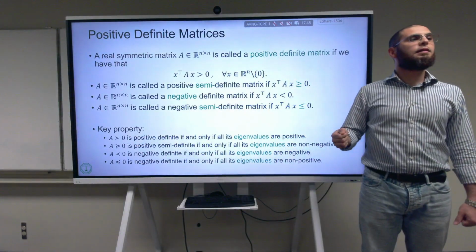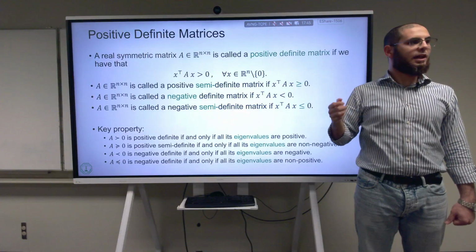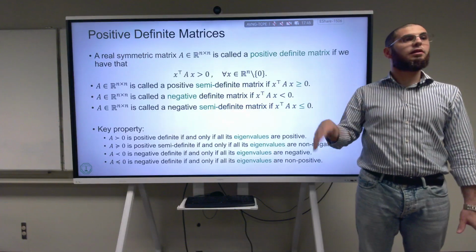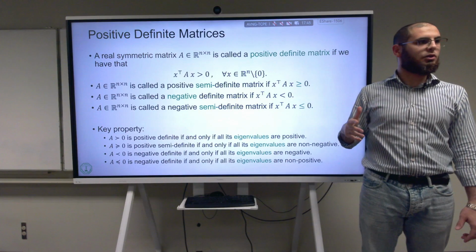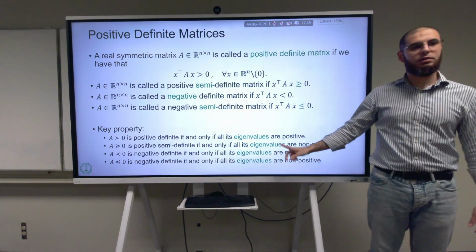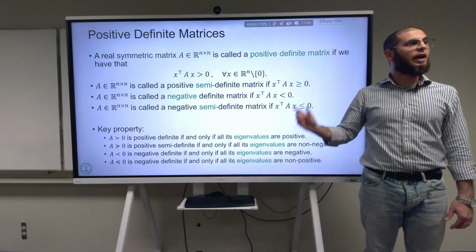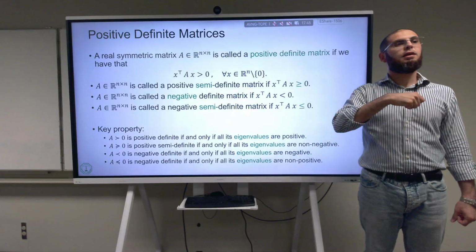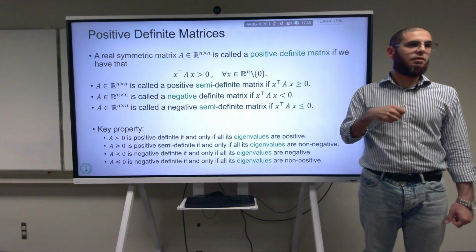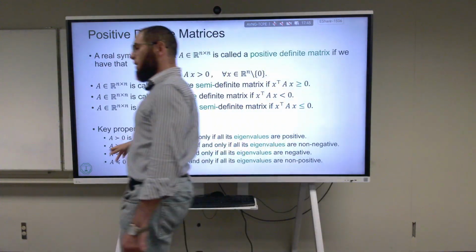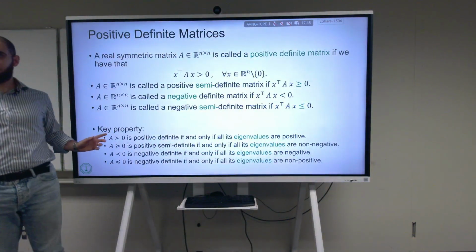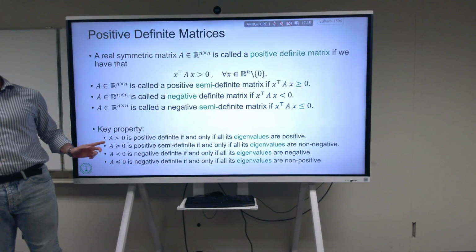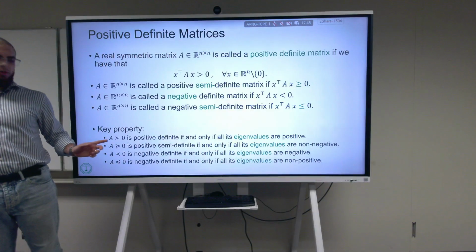Is there a way to check, if I give you only the matrix, whether it's positive definite or negative and so on? Yes, the eigenvalues. You can identify from them how this matrix behaves. A positive definite matrix has to have all eigenvalues greater than 0.